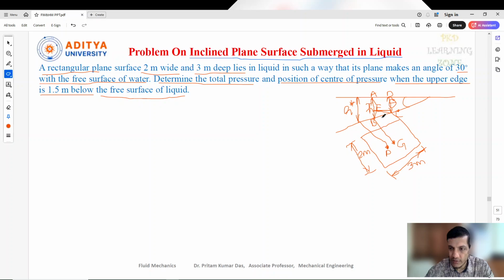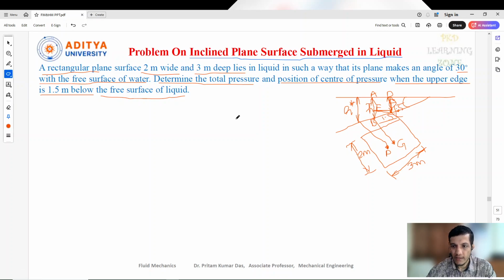The upper edge is 1.5 meter below the free surface of the liquid. So CD equals 1.5 meter, and similarly we can write this one also as 1.5 meter.